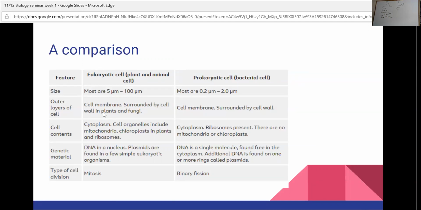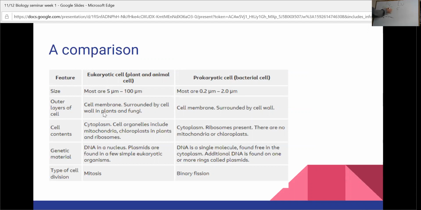So DNA in eukaryotic cells is bound within the nucleus. Within prokaryotic cells, it's just floating as a single molecule, all within plasmids.